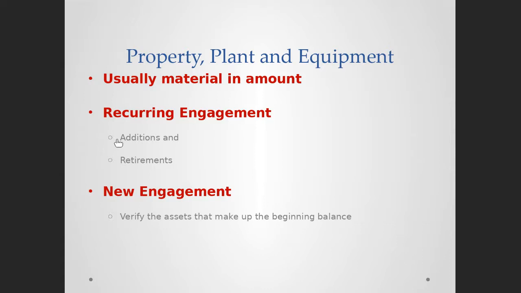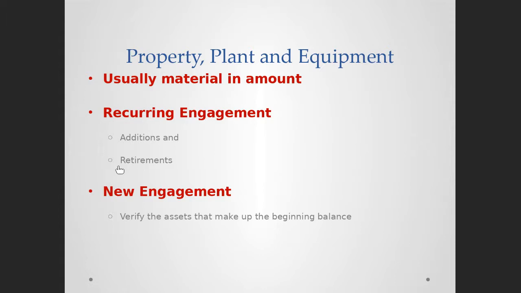So what you have to worry about now, when you're auditing the 2020 financial statements, is what was added, what equipment and property and plant was added, and then what was retired, meaning either sold or donated or any other way it was gotten rid of, what was taken off of the balance sheet. So these are the two.